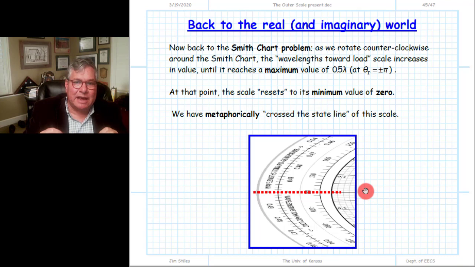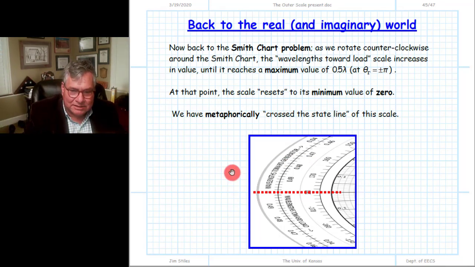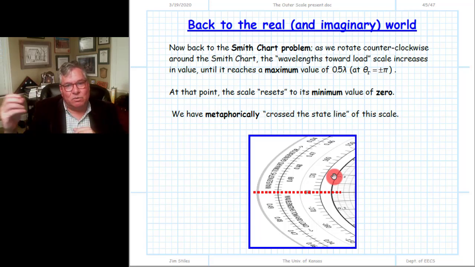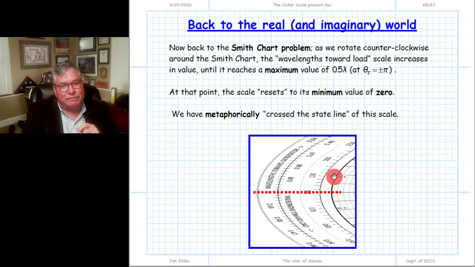So anytime you're rotating around your Smith chart and you cross this boundary, back where the short circuit is, where the reflection coefficient phase on the outer scale goes from pi back to minus pi, or again the distance toward load transitions from 0.5 back to 0.